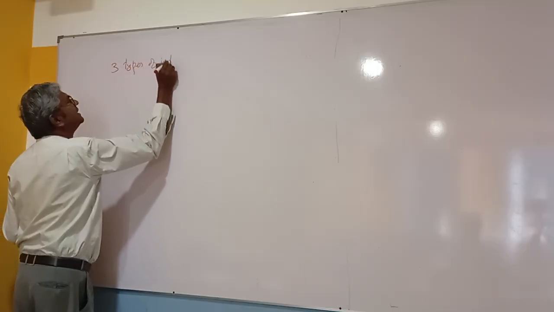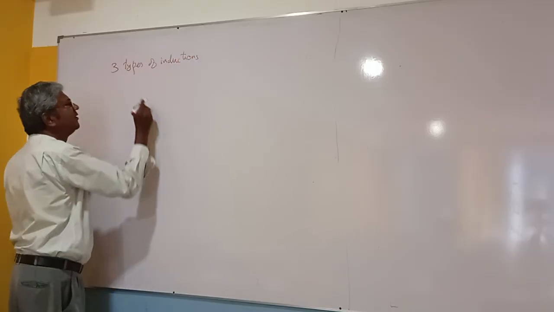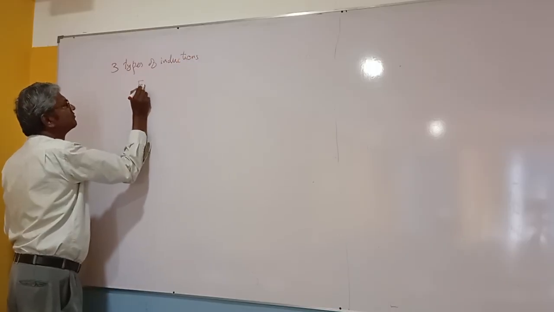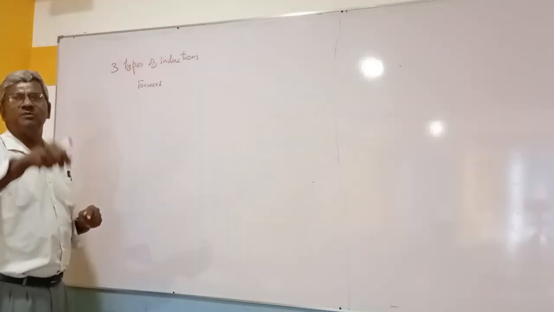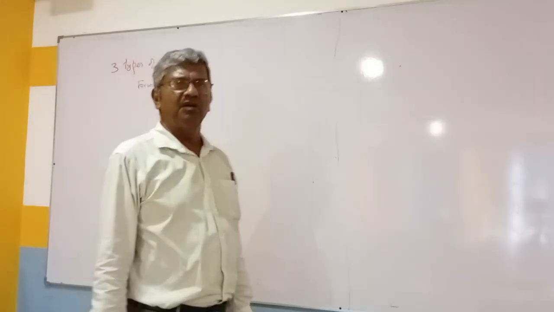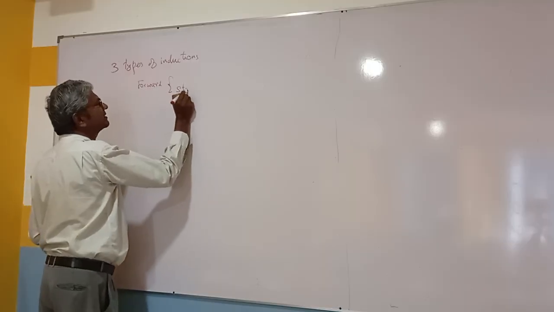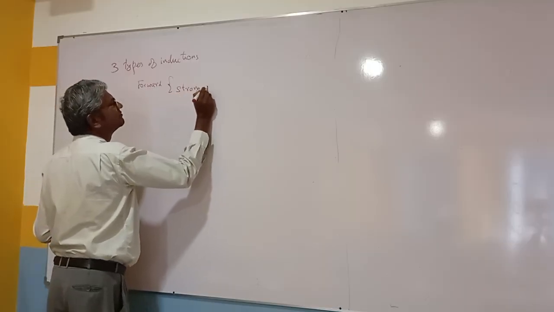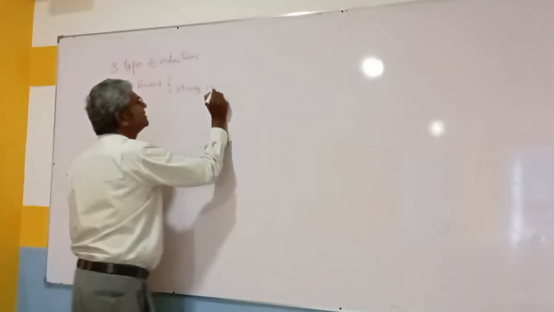You go from n to n plus 1. Forward induction has two methods. Second one is strong induction. It was mentioned in his book, strong induction.